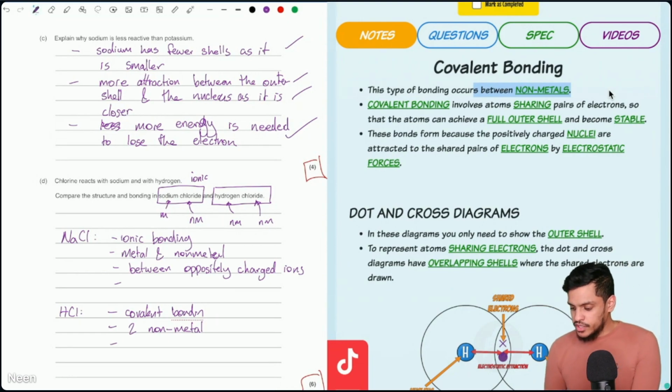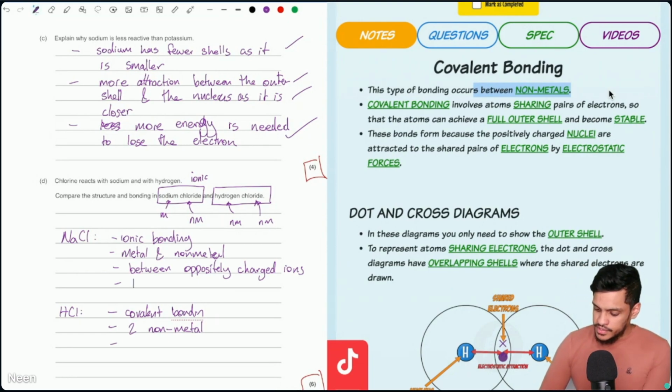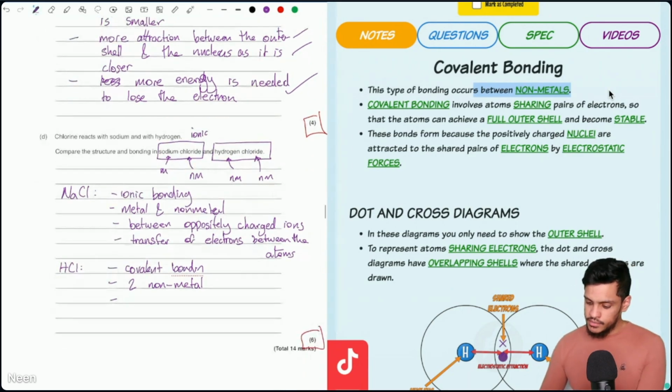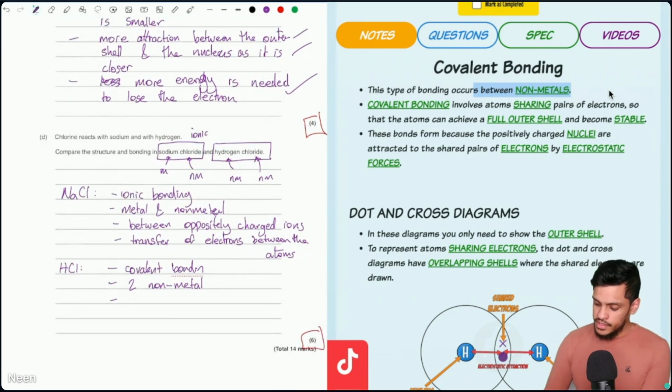How do the oppositely charged ions form? When there's a transfer of electrons between the atoms. For HCl, it's covalent.